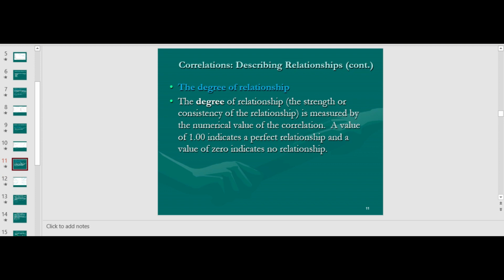The correlation of one indicates a perfectly consistent relationship, whether it is positive one or negative one. Similarly, a correlation of 0.8, positive or negative, is an equally consistent relationship.